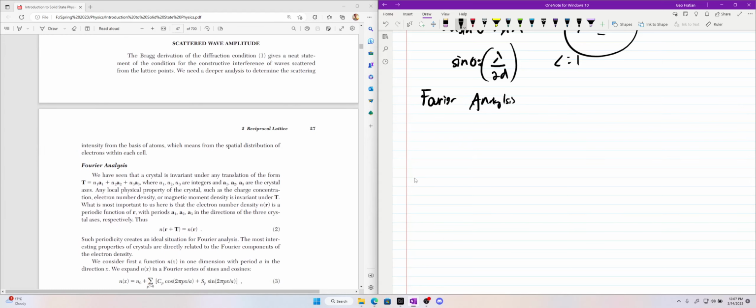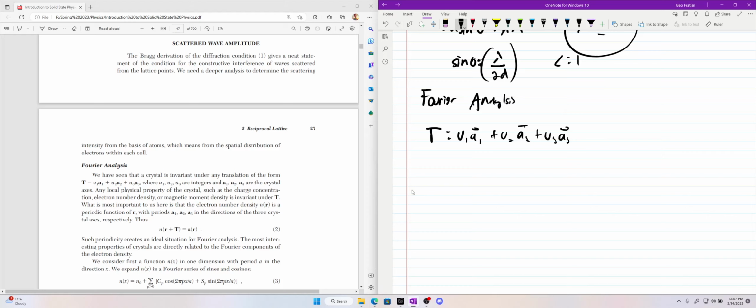So basically, a crystal is just a periodic arrangement of atoms. That means it's going to be invariant under translation by any vector T, where T is u1 a1 plus u2 a2 plus u3 a3, where a1, a2, a3 are the lattice vectors, or I guess crystal axes, same thing.